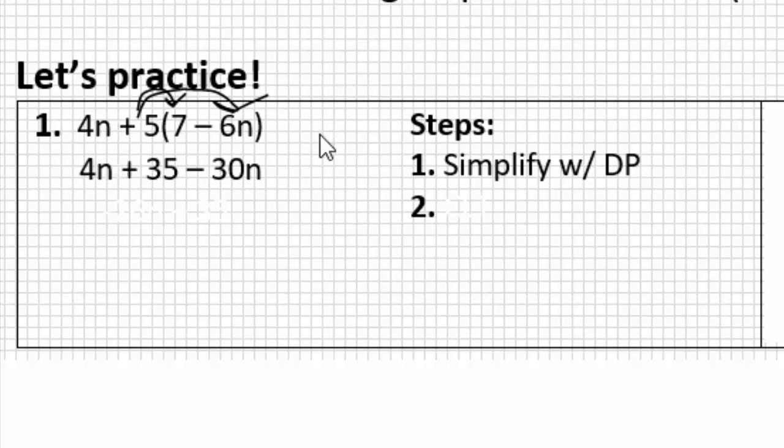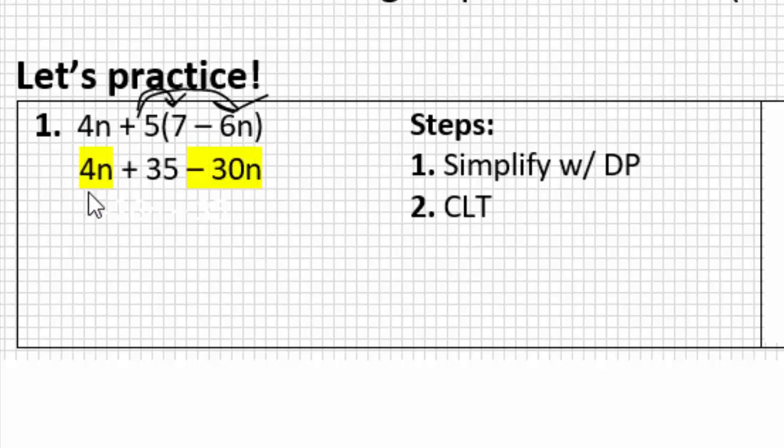So what's our second step? That's right, we're going to combine like terms. So we look for terms that are the same. I see a variable term here, 4n, and I see that the negative 30n has the same variable, n, so those are like terms. I like to highlight those or use a shape to show that they're the same, and then I'm going to combine those.